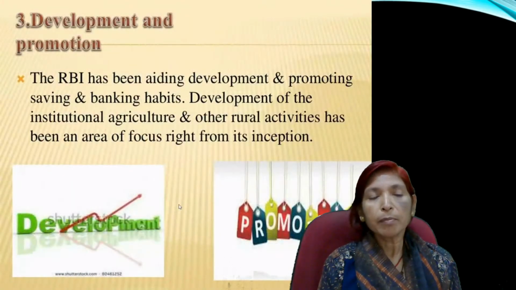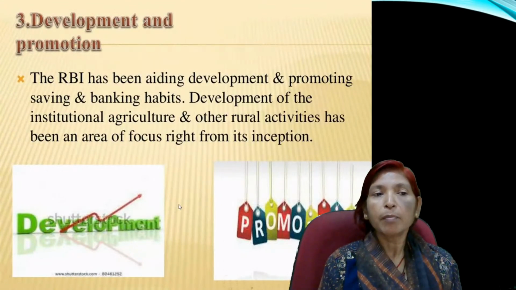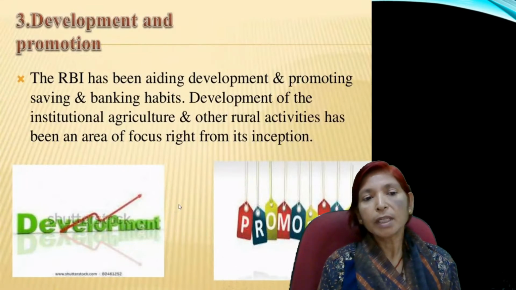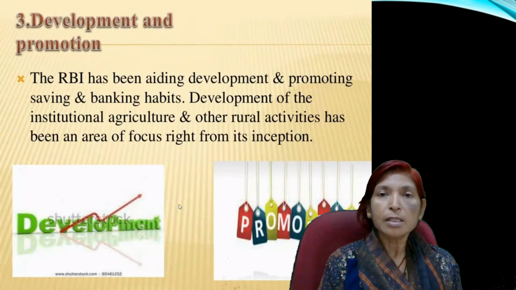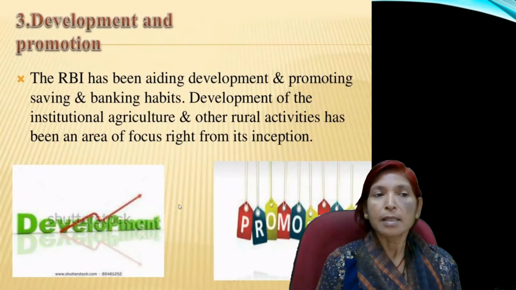Next is development and promotion work. RBI has been aiding development and promoting savings and banking habits, development of institutional agriculture, and other rural activities has been an area of focus right from its inception.